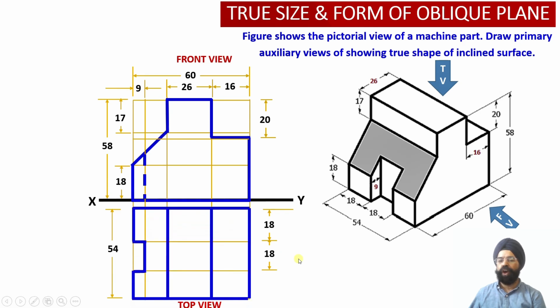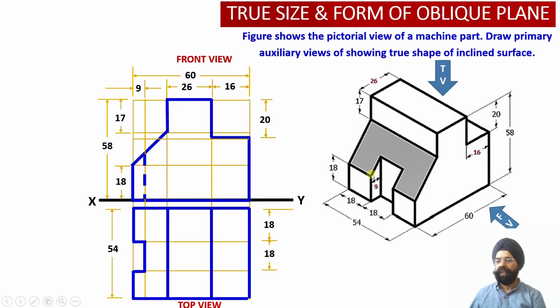Let us plot the top view. The top view we have already discussed. Corresponding to this rectangle, the true shape of the projection is lying over here. This is the true shape of this rectangular surface which is lying on the top of the solid.